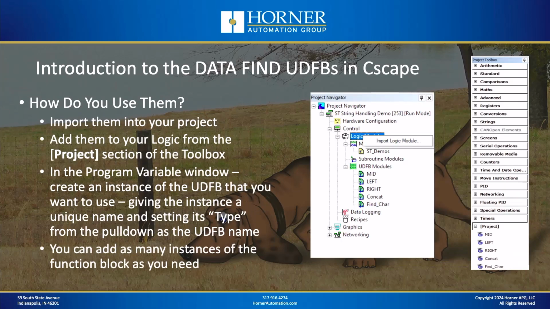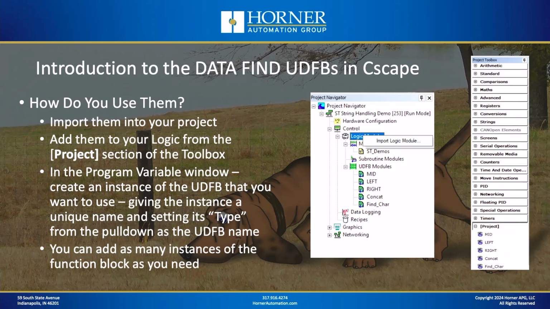Okay, now, how do we use user-defined function blocks if we're using structured text? Well, let's just talk about the approach we're going to take, and it's the same regardless of language at the beginning. If you're going to be using a UDFB in your project, you always have to start by importing it into your project. UDFBs are stored as separate files, okay? So what you do is you go to the Navigator section of Cscape, you go to the Logic Modules entry in your project tree.